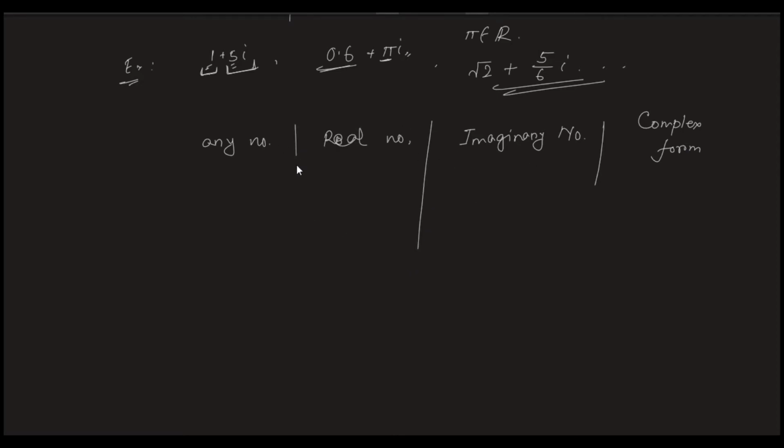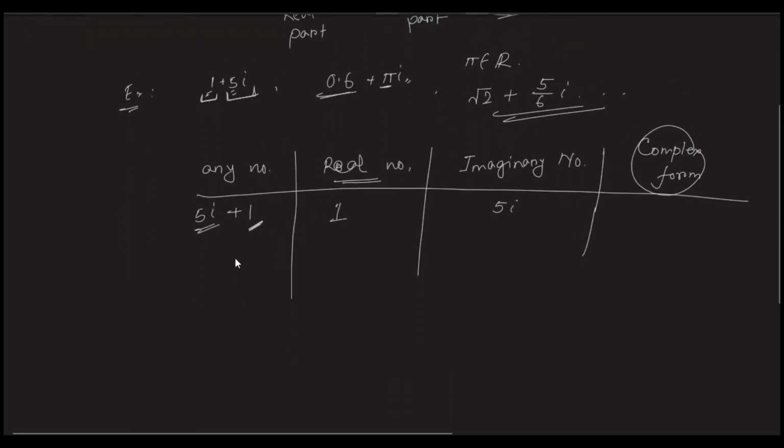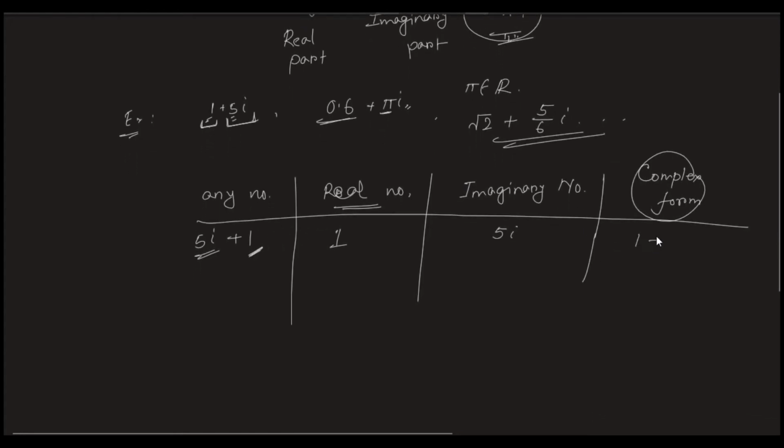Let's finish that table. First, for any number take 5i plus 1. What is the real number? Real number is 1 and imaginary number will be 5i, and our complex form is a plus ib. So 1 is our a, and b is our 5.